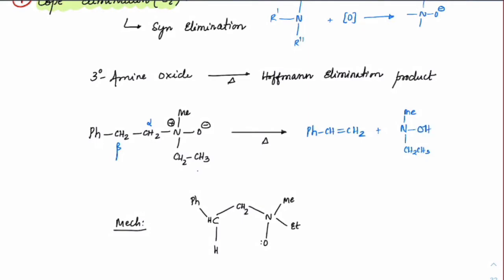The beta is present here also, so it could have extracted hydrogen from here as well. So we again check the stability of the carbanion as well as bulkiness. This side is less bulky and the more stable carbanion, so this would be the more stable alkene which you can get. So this would be the major product.